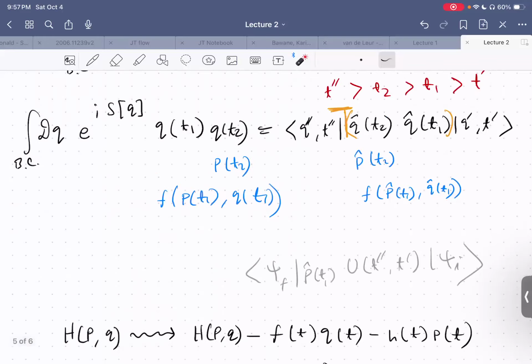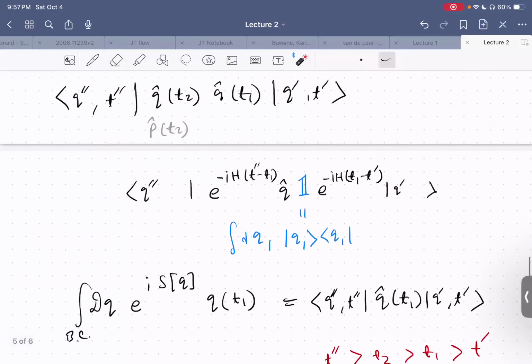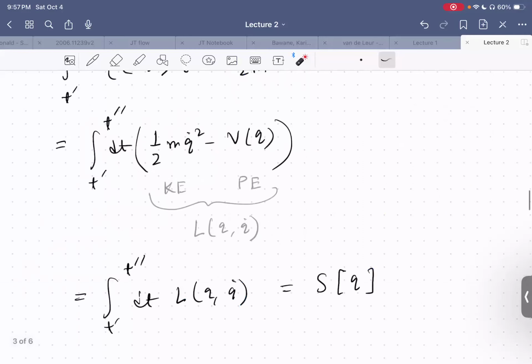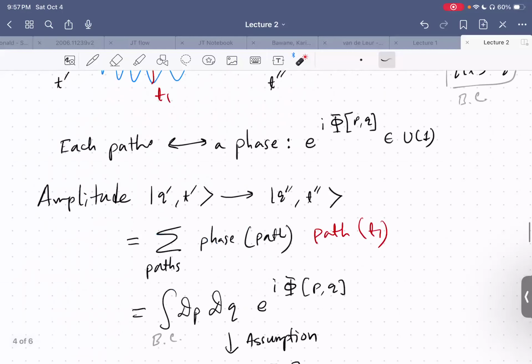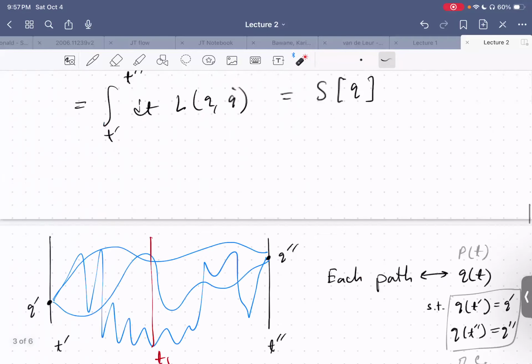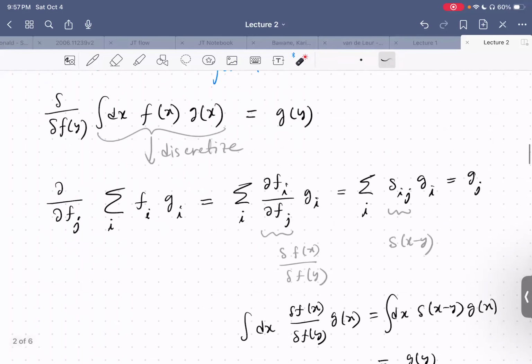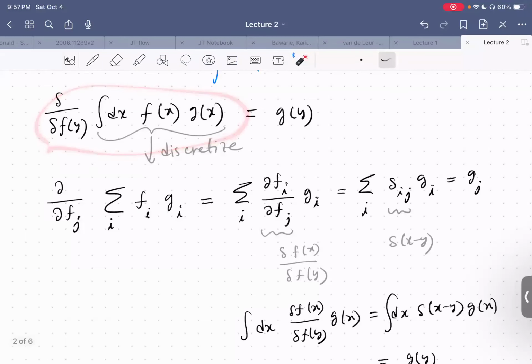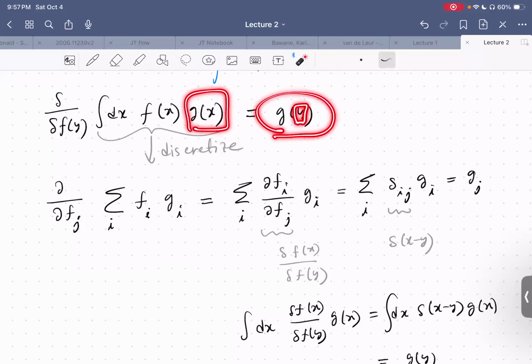Recall from our discussion on functional derivatives, we had a very similar integration. We had something linear in f, we differentiated with respect to f, and what we got was the coefficient evaluated at the same argument as the argument in the derivative.